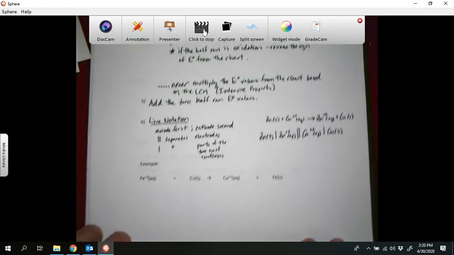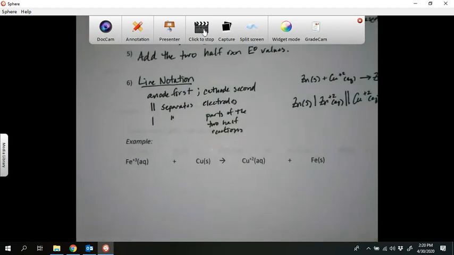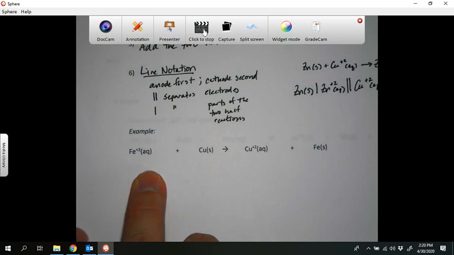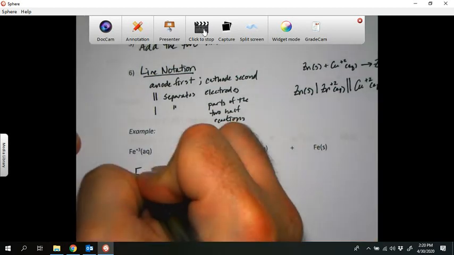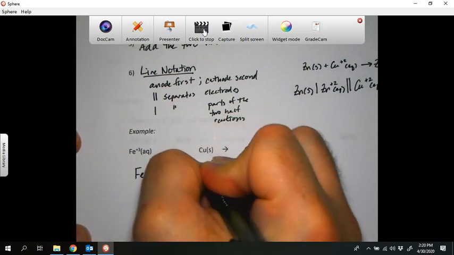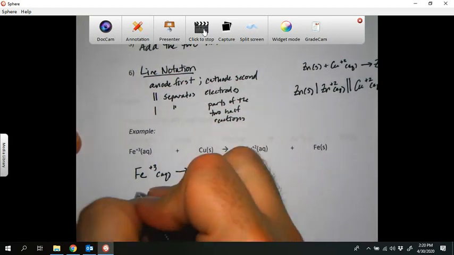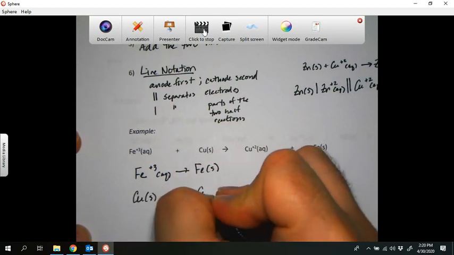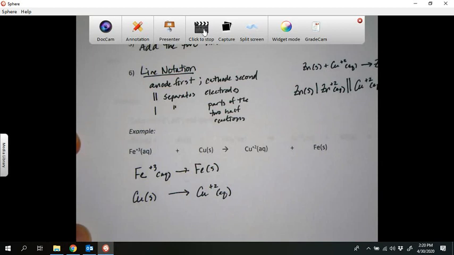The last thing we're going to do is look at an example, and I'm going to zoom in here a little bit. Here is our equation. I'm going to write this as two half reactions. I'm going to have Fe plus 3 aq yields Fe solid, and copper solid yields copper plus 2 aq.